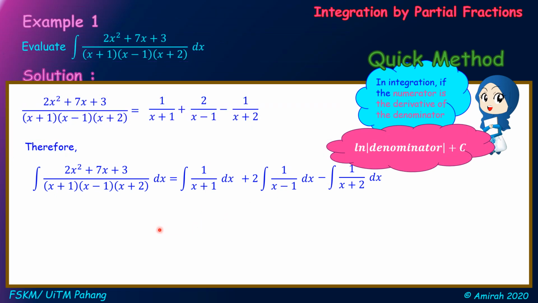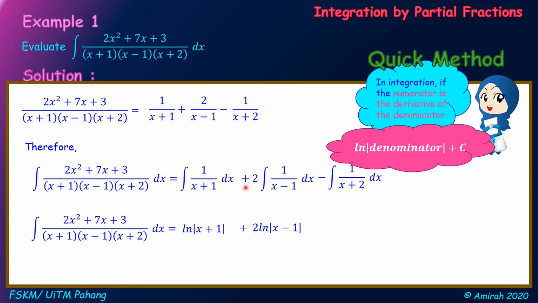So we can write the integration of 2x squared plus 7x plus 3 over x plus 1, x minus 1, x plus 2 dx equals, when we integrate this function, we get ln x plus 1, and then plus 2 ln x minus 1, because the numerator is a derivative of the denominator, and then minus ln x plus 2 because the numerator is the derivative of the denominator.